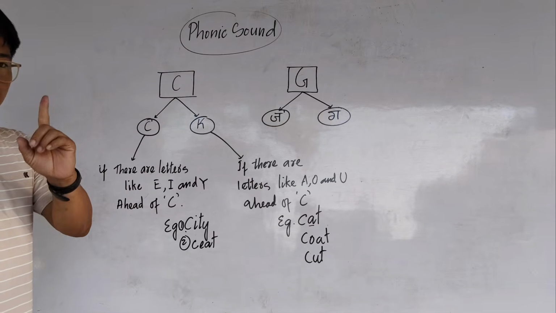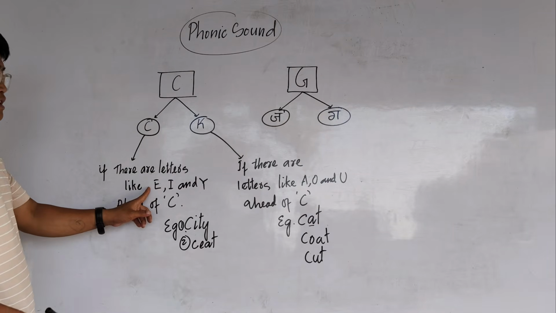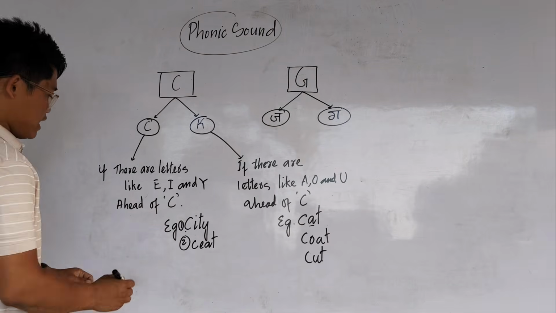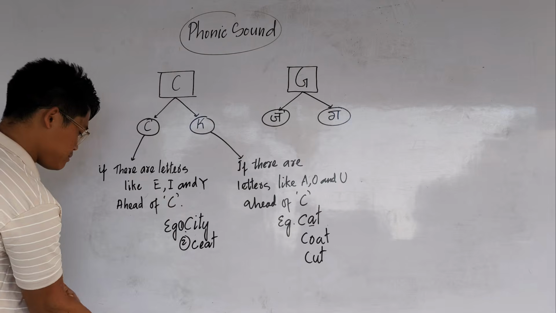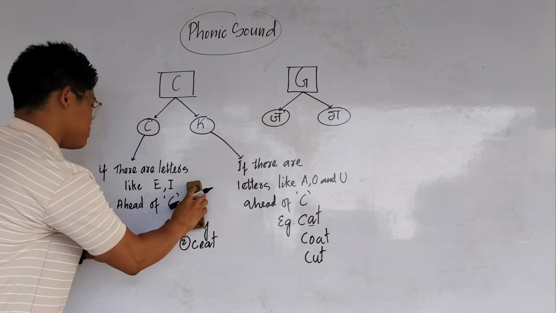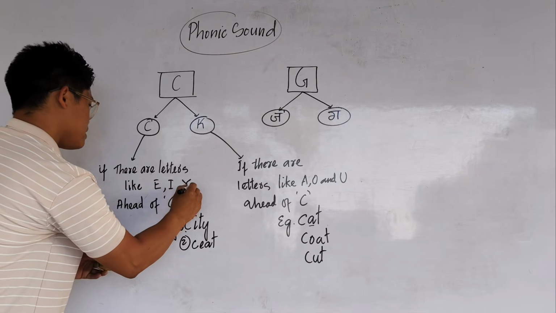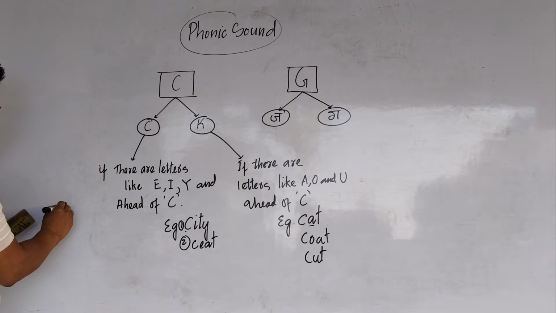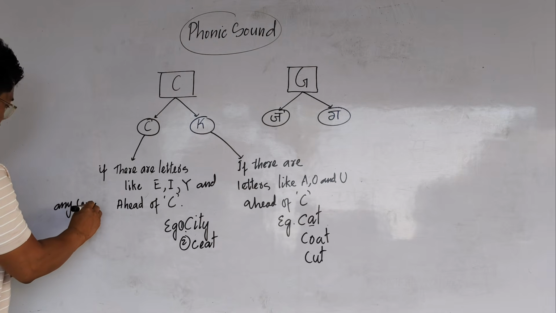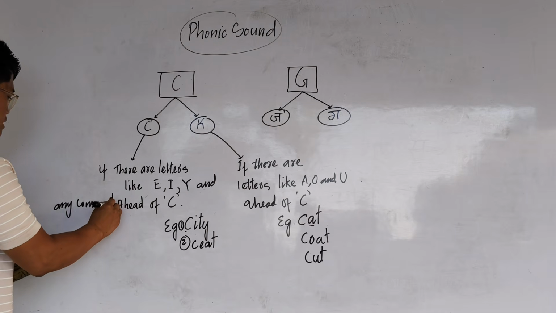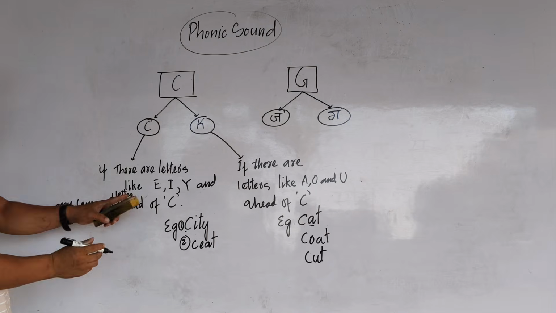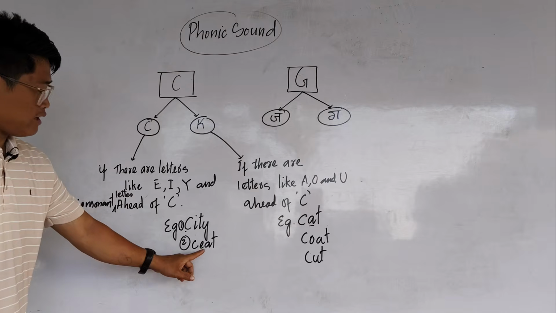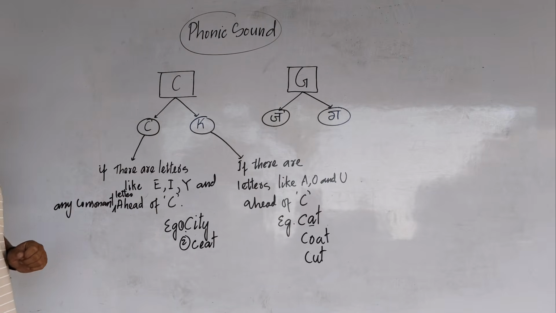One more thing to keep in mind is that not only E, I and Y, but if you see any consonant letter after C, you will pronounce this as C itself.